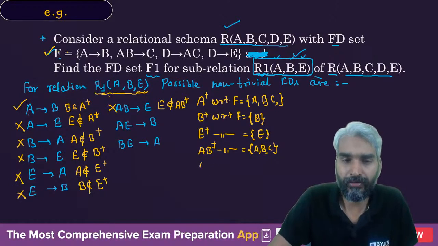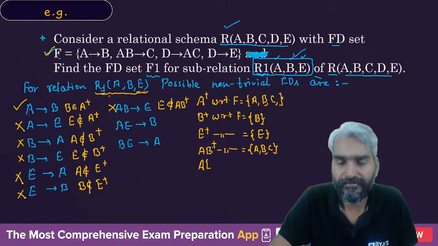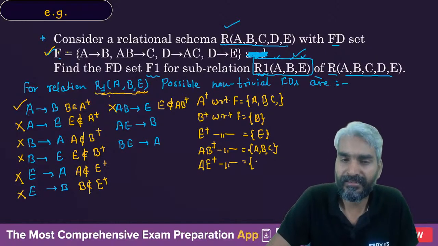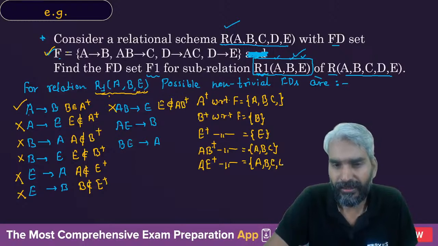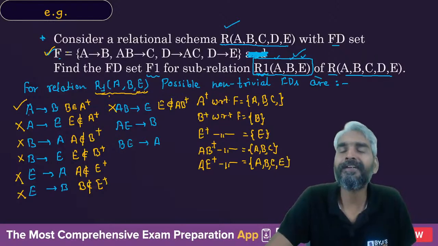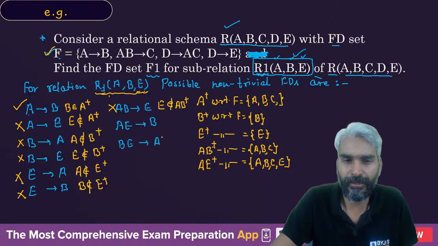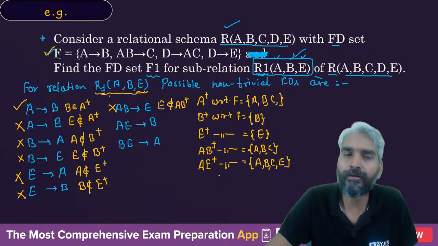Similarly, you will calculate AE closure. What is AE closure with respect to F? From A you can determine B, from AB you can determine C, and from E you can determine E. You cannot determine D by any attribute. Can we determine B from AE?